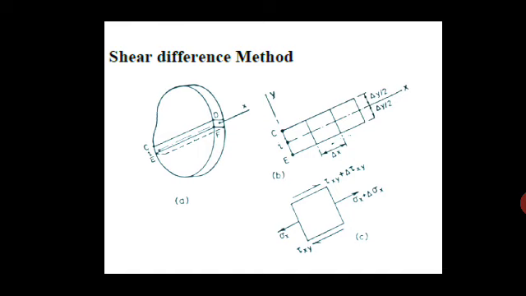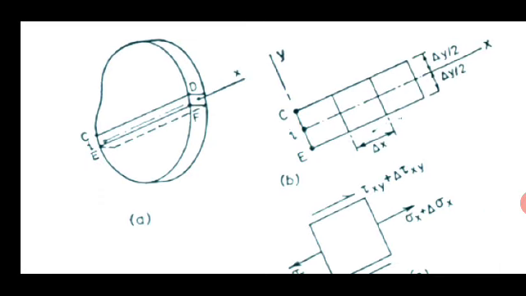So here from the sketch you can observe a two-dimensional body. For the entire body we will be considering a small section, with width delta x and total thickness delta y.